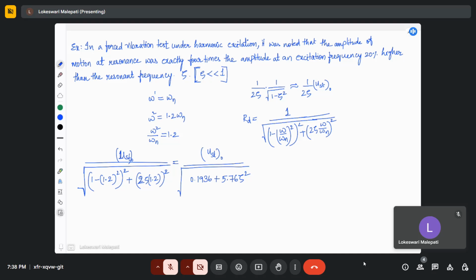So again, we can take the ratio of the two. So 1 by 2 zeta times the square root of 0.1936 plus 5.76 zeta square. This is equal to 4.